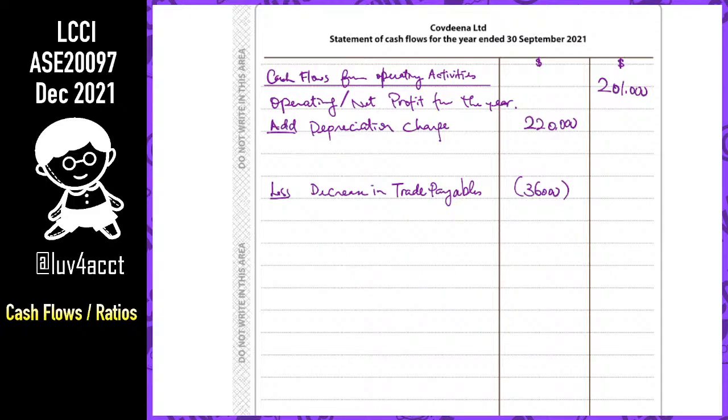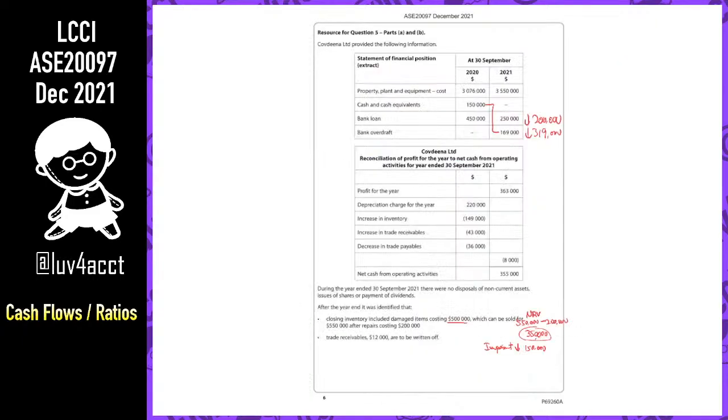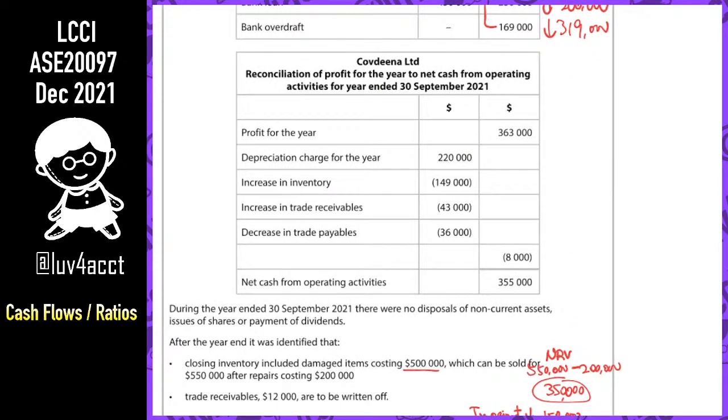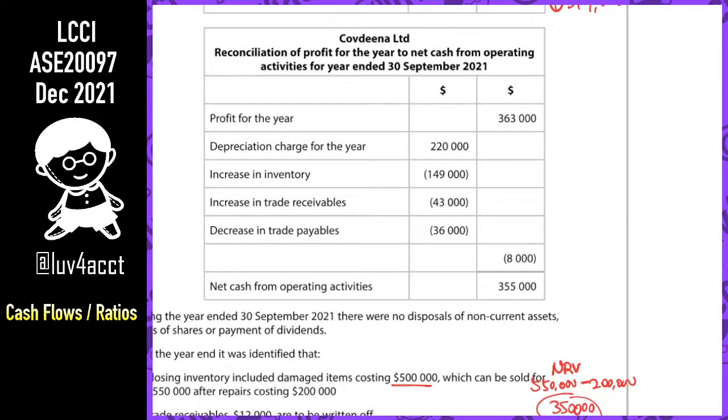So inventory, originally it is 149 increase, but then we have to reduce the inventory by 150,000, so now it becomes a decrease. 149, and then we have to take 150 from it, if we look at it as a positive amount. For receivable, we have to take away 12,000.